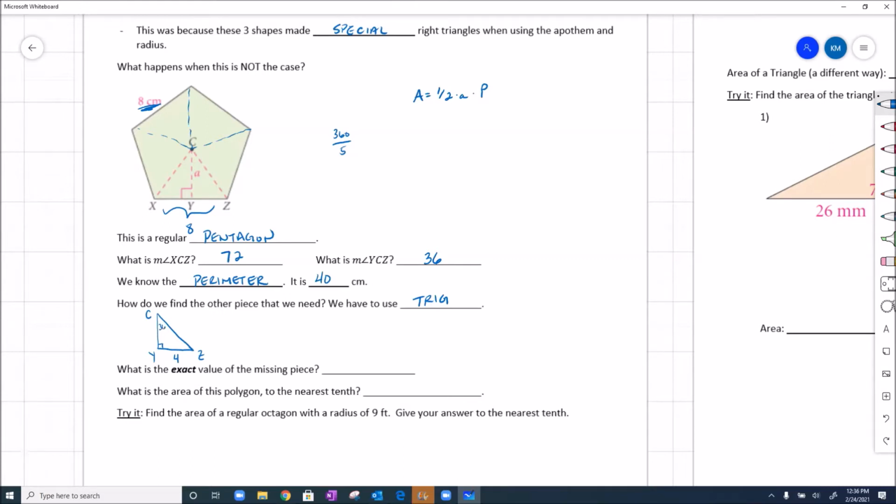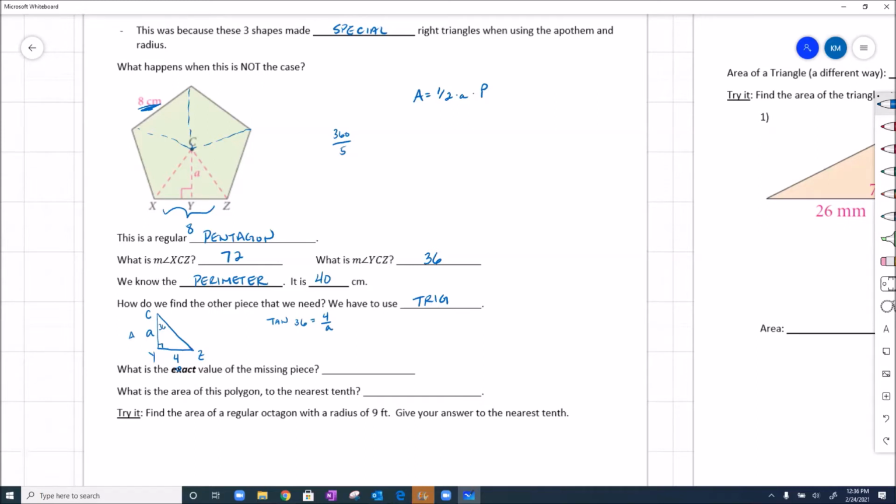And so we can find our apothem by using our trig functions. In this case, we have the adjacent side and the opposite side that we're using, and so we use tangent. So we'll say tangent 36 equals opposite over adjacent, and that's the A for apothem here.